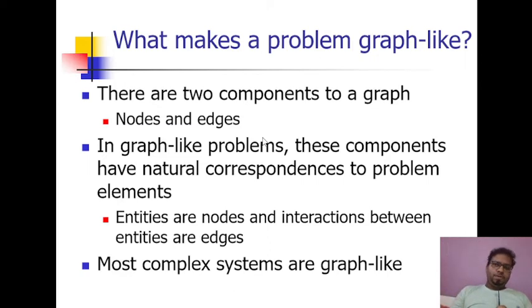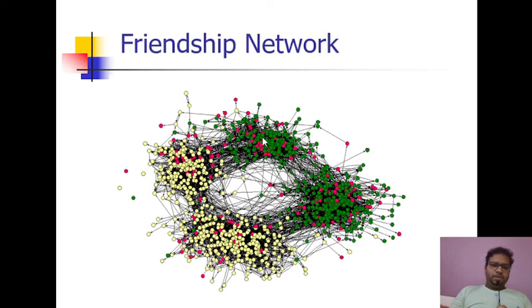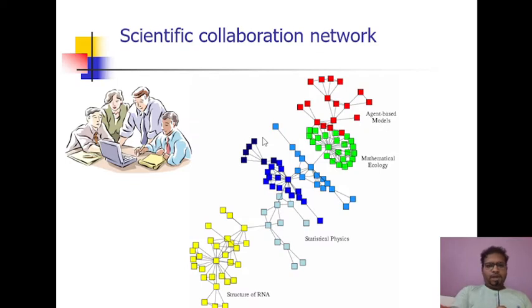For example, we have a friendship network, which is a graph or network. Again, we have the scientific collaboration network, where someone is developing the structure of RNA, doing studies in cell physics or ecology, or creating an intelligent agent model. All these are interconnected somewhere.